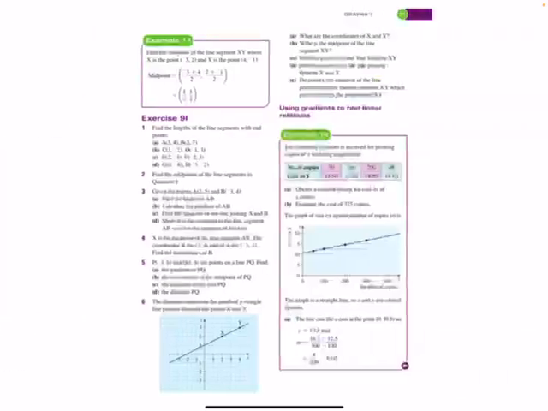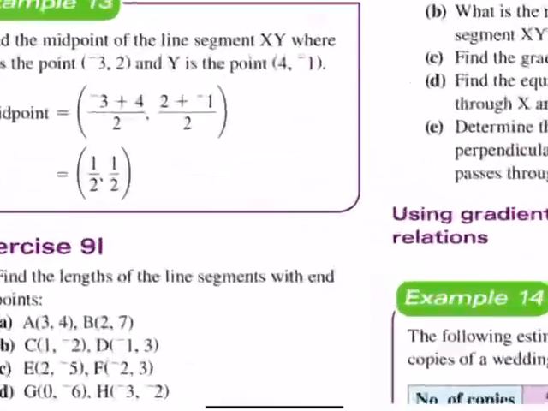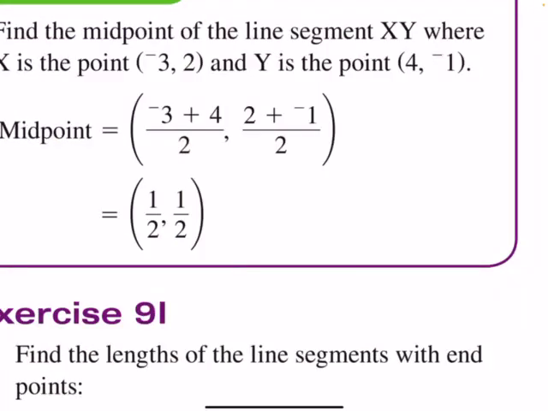That is correct. Add them together and divide by 2. The first one is the x value. The second one is the y value, because it's a coordinate.